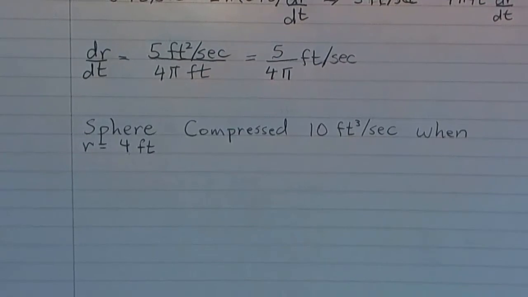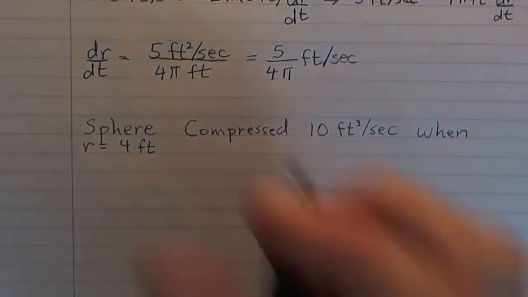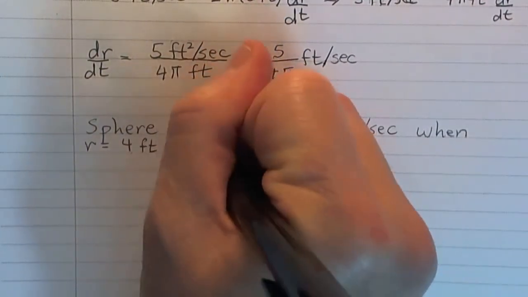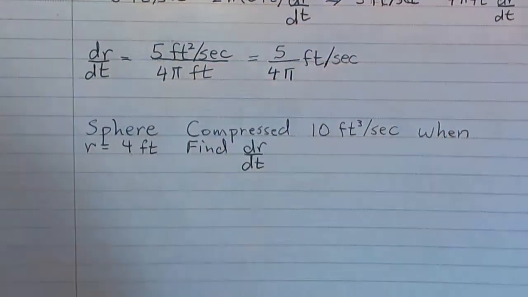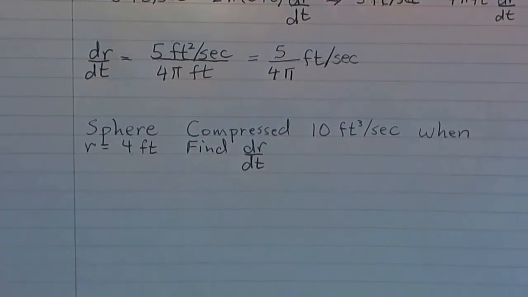Okay, let's suppose that. And what we want to do is find dr dt at that point. In other words, we have this sphere being compressed at 10 cubic feet per second when the radius of the sphere is 4 feet. So we want to find dr dt at that point.